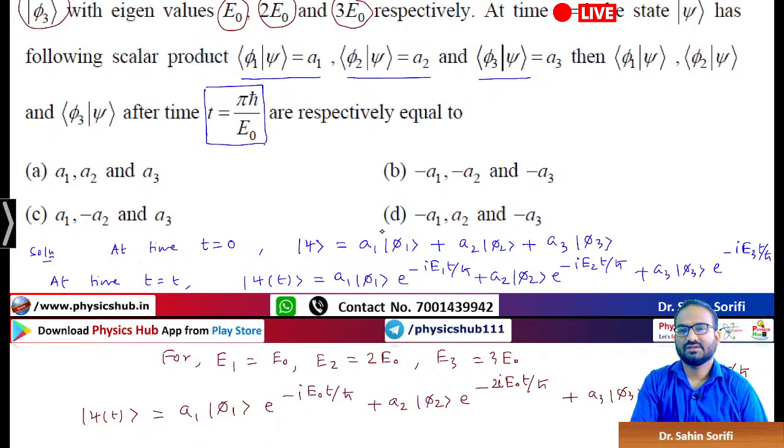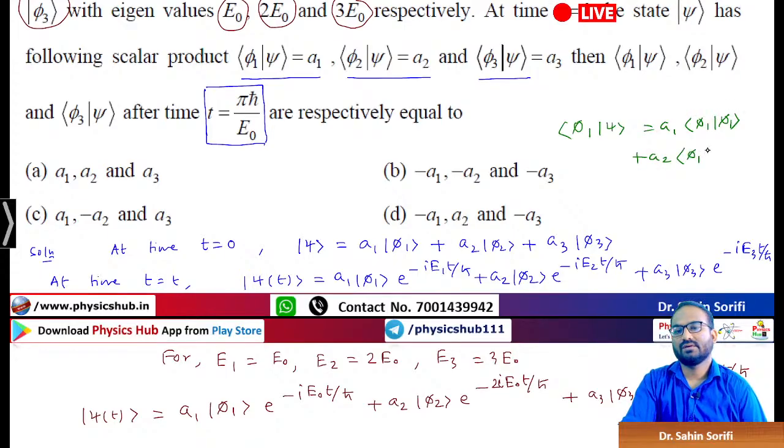If you take phi 1 with psi, this will give you a1 phi 1 phi 1, a2 phi 1 phi 2, a3 phi 1 phi 3.